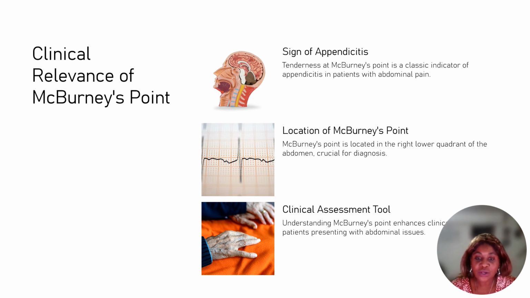McBurney's point is again located at the right lower quadrant of the abdomen, crucial for diagnosis, very important. You've got to take those clothes off. You've got to palpate this abdomen and first listen to the abdomen. Sometimes the bowels are quiet. So as a clinical assessment tool, understanding McBurney's point enhances assessment of patients presenting with abdominal issues.